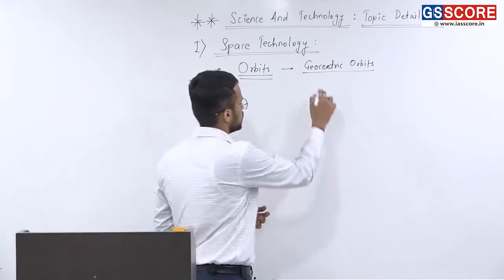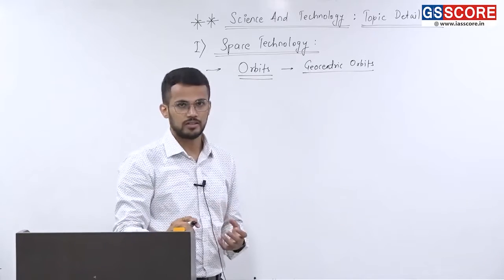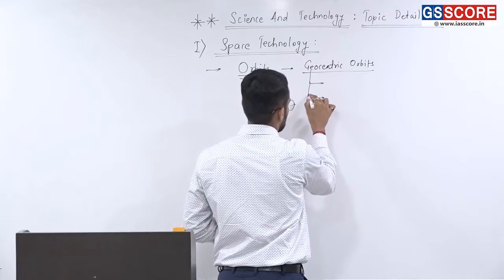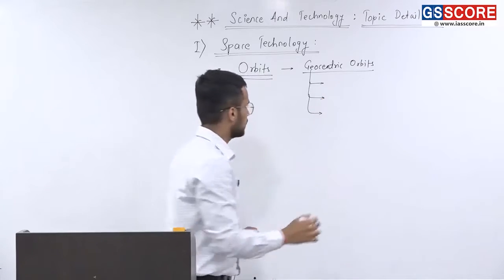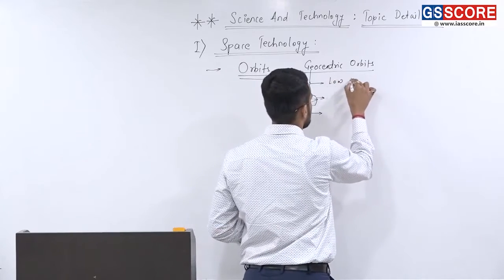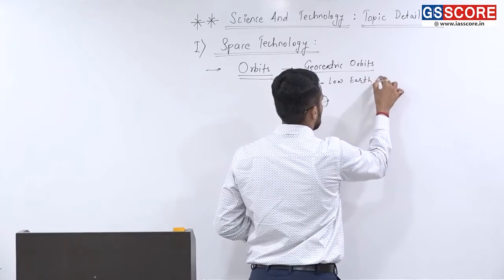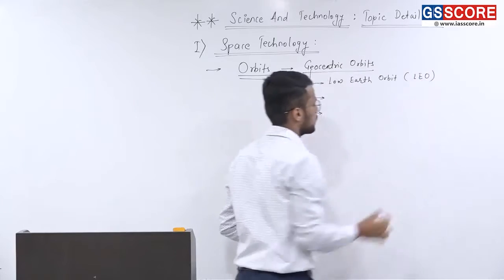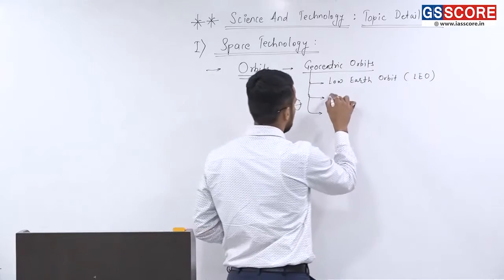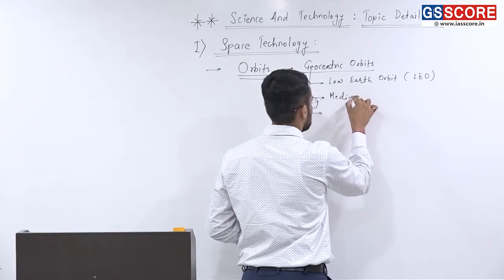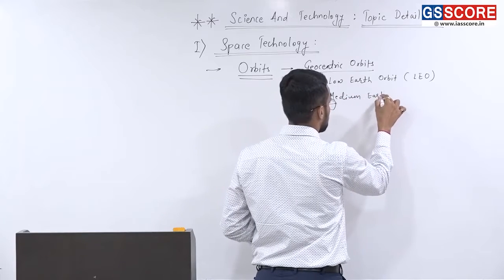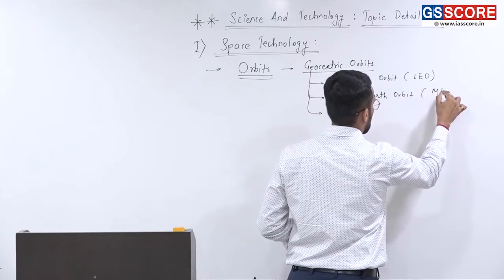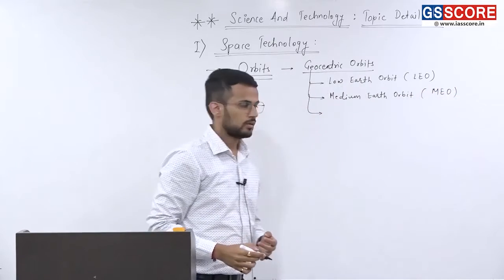But which geocentric orbits should one study? One should be aware of different geocentric orbits like low Earth orbit, which is popularly known as LEO. Secondly, medium Earth orbit, which is popularly known as MEO.